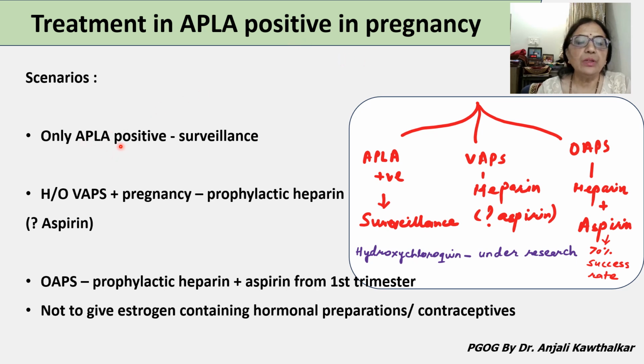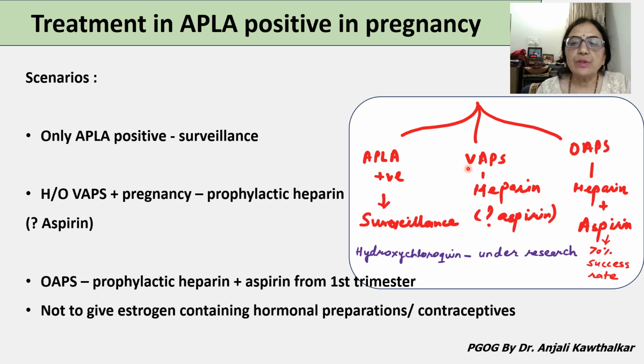Now if only the antibodies are positive and there are no features of vascular antiphospholipid syndrome or obstetric antiphospholipid syndrome, in other words, only the antibody titer is raised but no APS, then only surveillance is indicated.